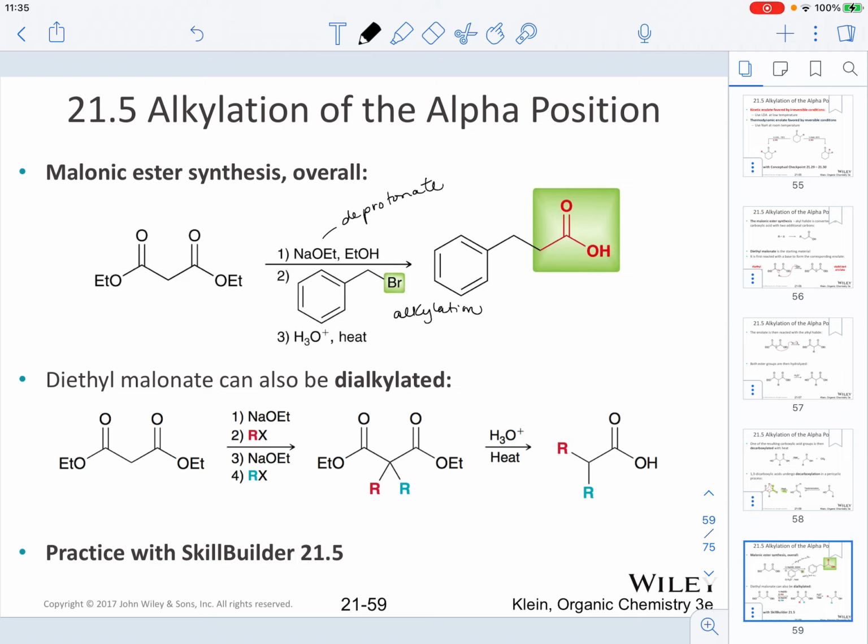In step 3, we are going to have the formation of carboxylic acid on each end of our molecule, followed by decarboxylation.